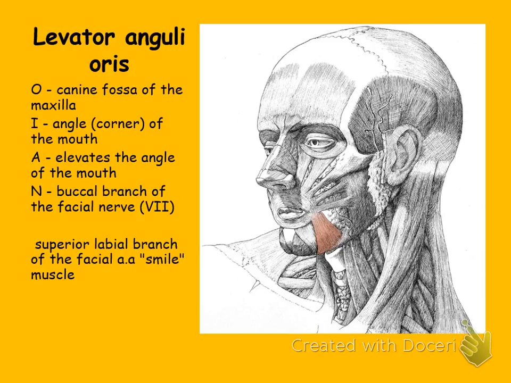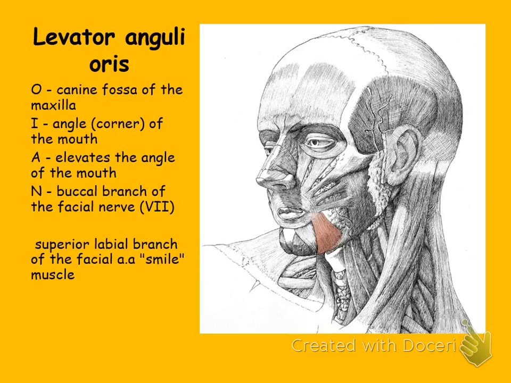Levator anguli oris. Elevates, levator, anguli, corner of the mouth, oris is the mouth. So it lifts the corners of the mouth. It originates in the canine fossa of the maxilla. And we didn't have that on our list, but if you go to your maxilla, there's this little indentation.